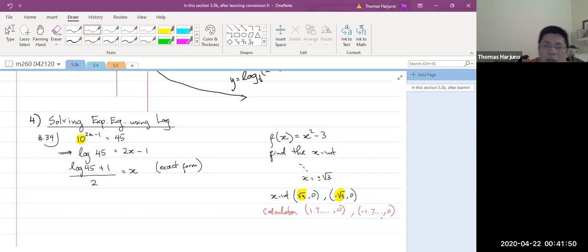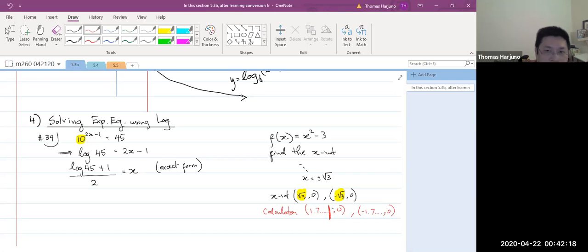Now the thing is, radical 3 is an irrational number, so if you use a calculator and stop at, let's say, 5 decimal places, that's already an approximation. That's not the real exact solution anymore; you already did some rounding.